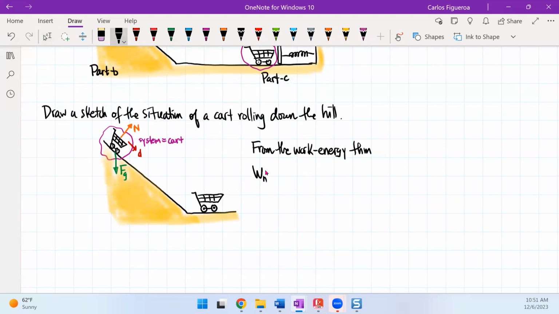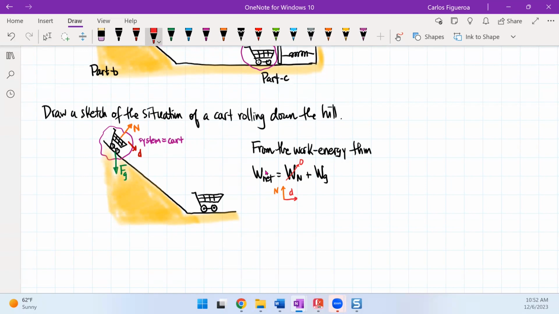That the net work is going to be the work of the normal plus the work of gravity here. And so when I'm looking at this, this is what I'm going to see. This work has to be zero. Why? Because the normal is perpendicular to the displacement.